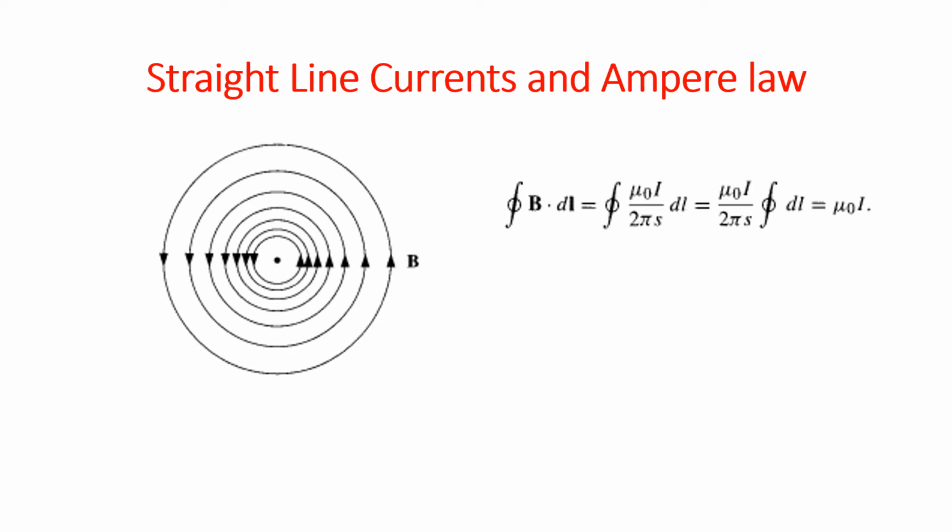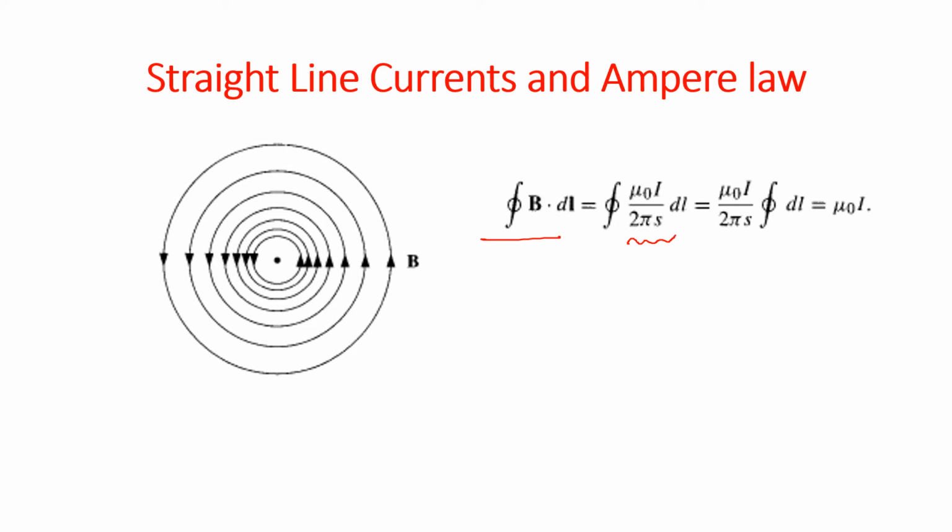So how to find an expression for this magnetic field, or the line integral of this magnetic field? That is the line integral of magnetic field, integral B dot dl. We already derived the expression for magnetic field due to a straight conductor, that is mu 0 I over 2 pi s, dot dl.